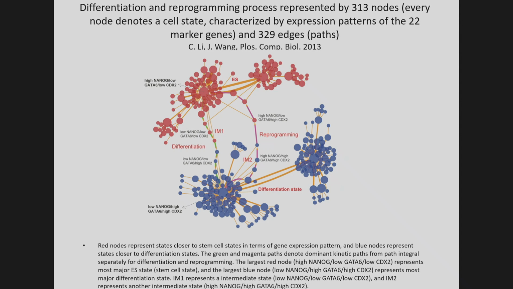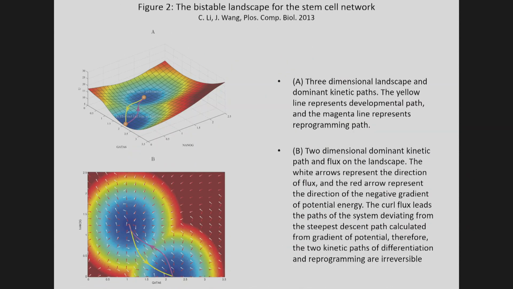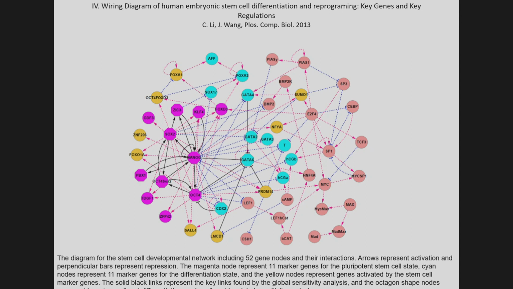So what's important here is we can do the same global stability analysis, looking at the barrier, and ask what underlying gene circuit changes could change this a great deal, and find out through this global sensitivity analysis which are the key genes and key regulations in this network.